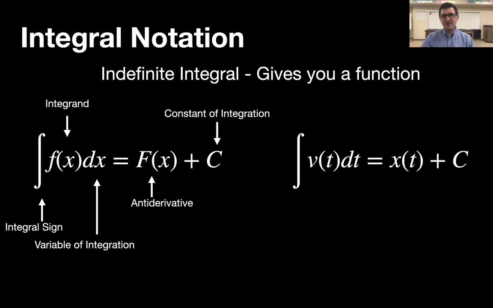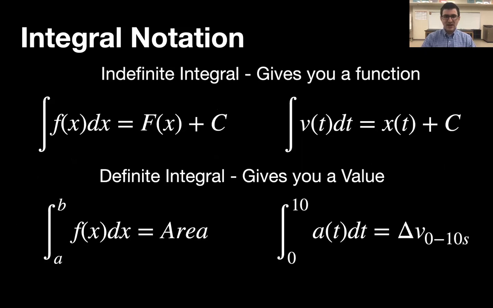So the other flavor of integrals is not the indefinite integral, but it's the definite integral. And the definite integral gives you a value. So for example, if I do the definite integral of the acceleration function between 0 seconds and 10 seconds, we know that the area of the acceleration versus time graph gives us the change in velocity.